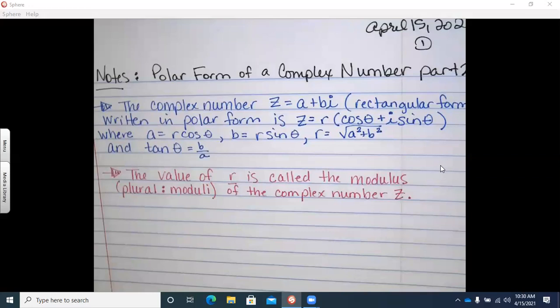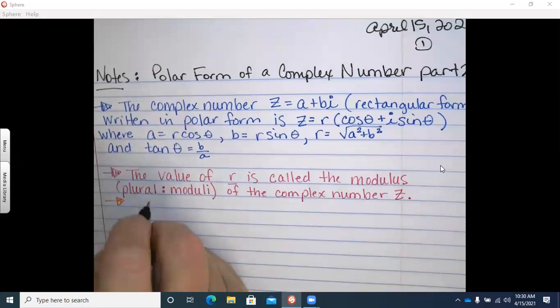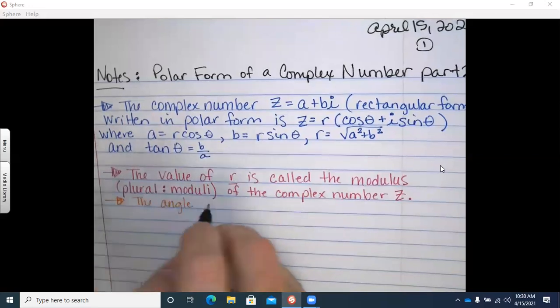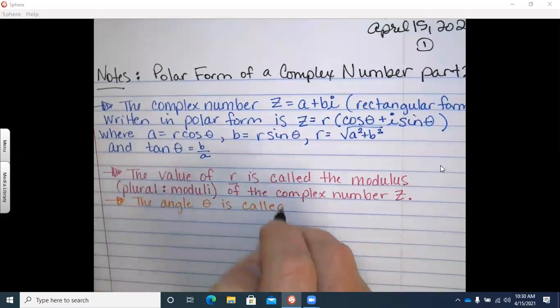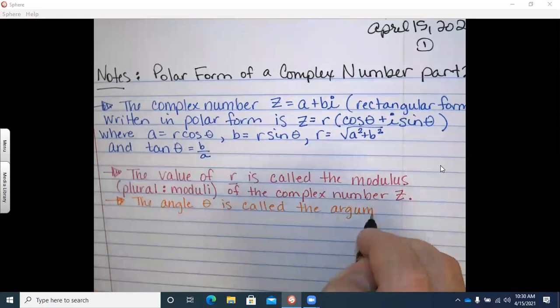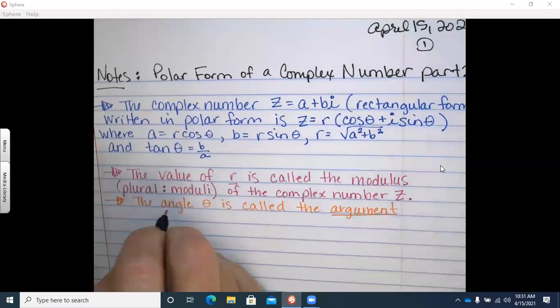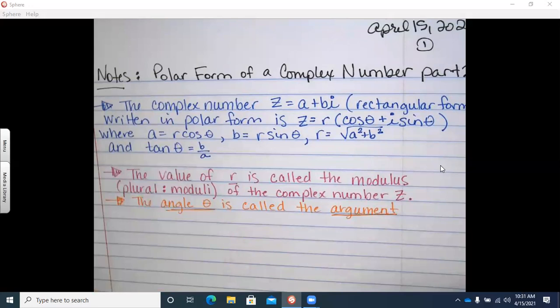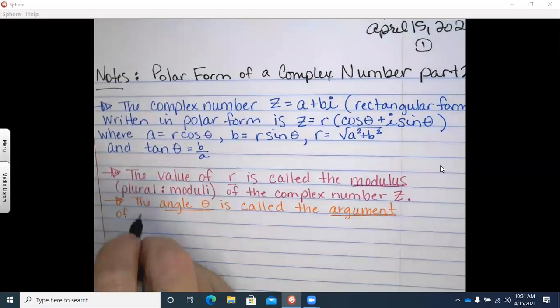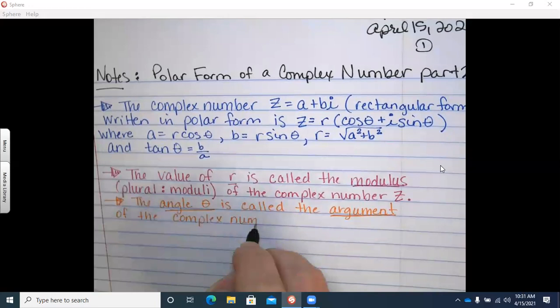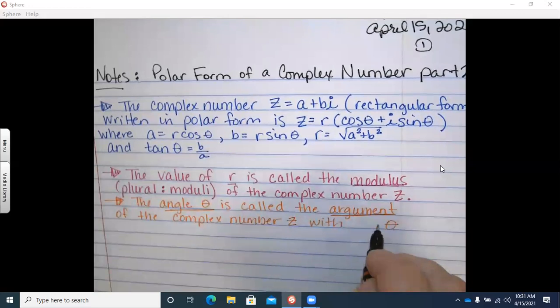The angle theta is called the argument of the complex number z, with theta being somewhere between 0, including 0, and 2 pi.